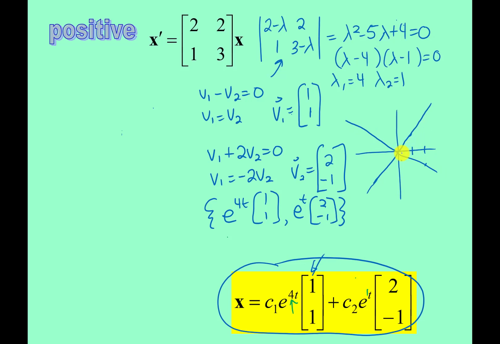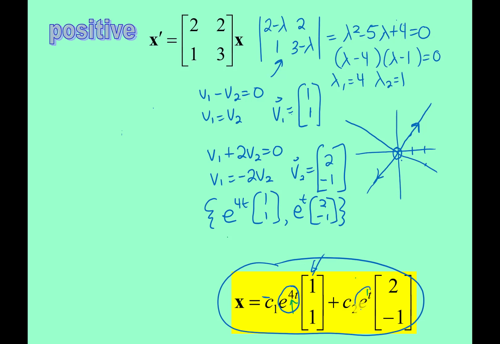Where the eigenvectors intersect is an equilibrium, so there's an equilibrium solution here at 0, 0. But it turns out, because of this e to the 4t, what does e to the 4t do as t goes to infinity? It goes to infinity. And so this is going to head away on the eigenvector, and if this C1 had been negative, then it would be going larger in the negative direction.